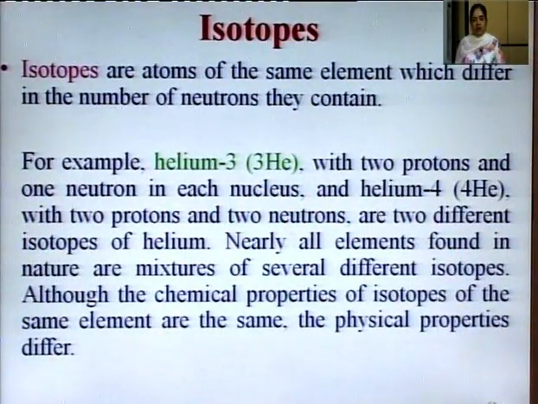Isotopes. Isotopes are the atoms of the same element which differ in the number of neutrons they contain.